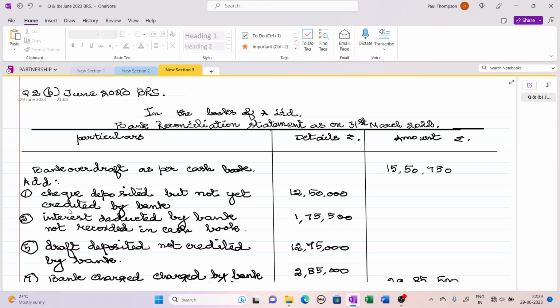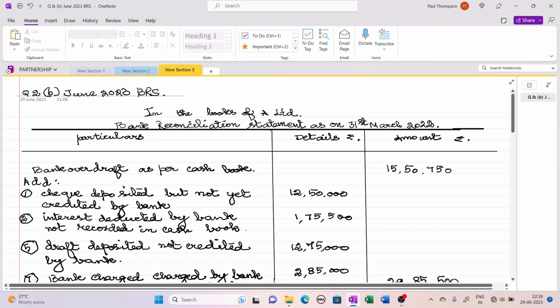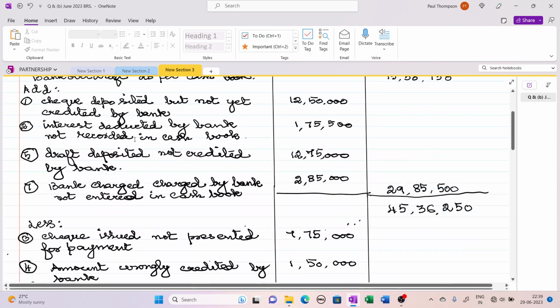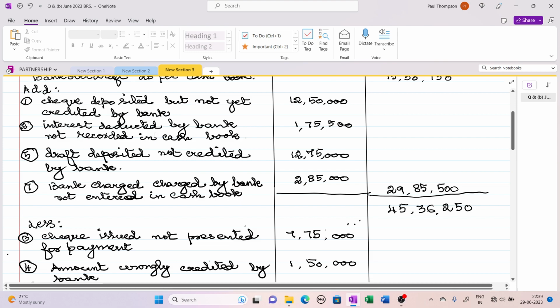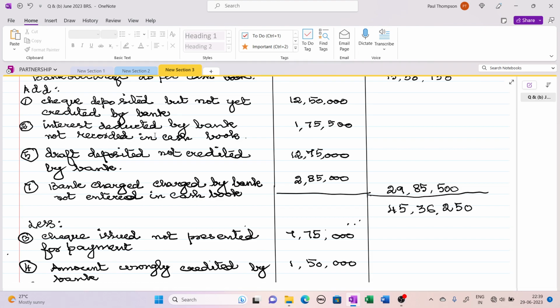Draft deposited will also increase your overdraft. So what else will increase your overdraft? Already there is an overdraft, so I am putting everything to add. Bank charges charged by the bank. So this total comes as 29,85,500. How to make the total very fast, even faster than the calculator?